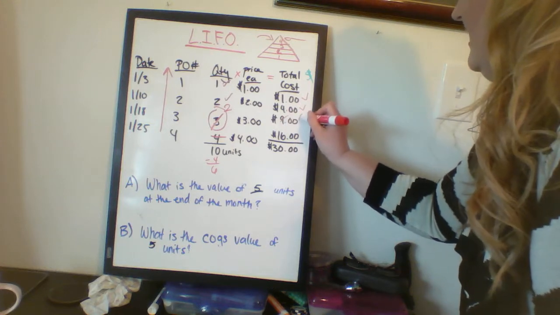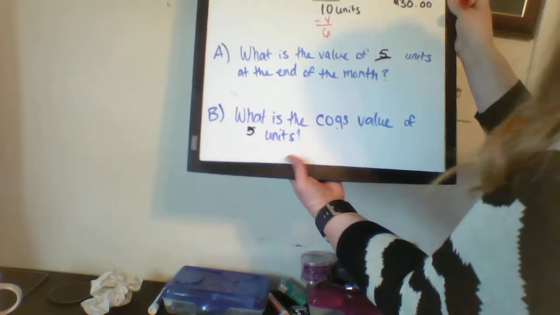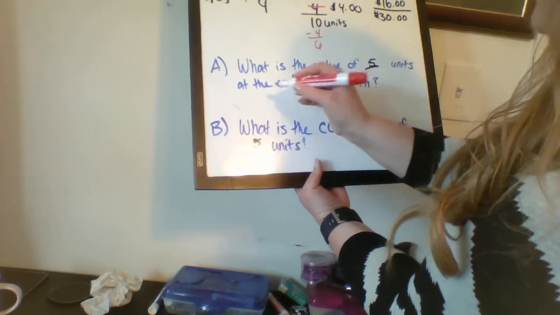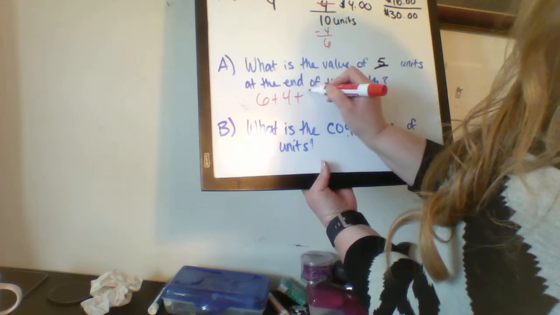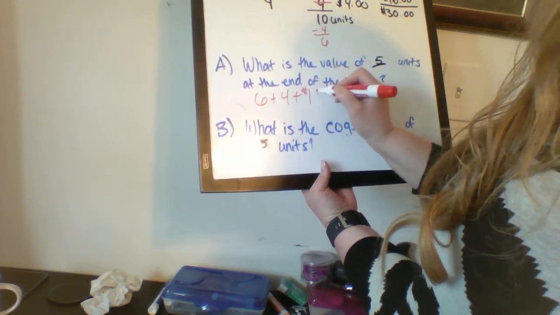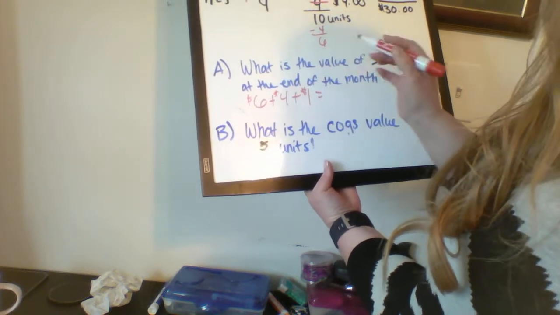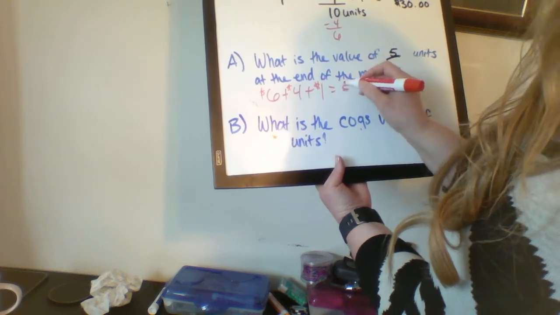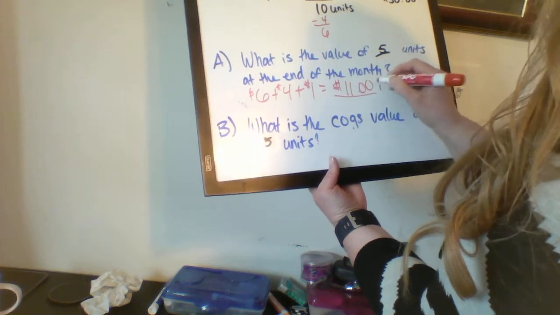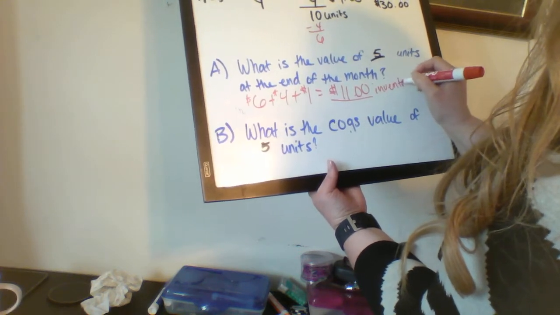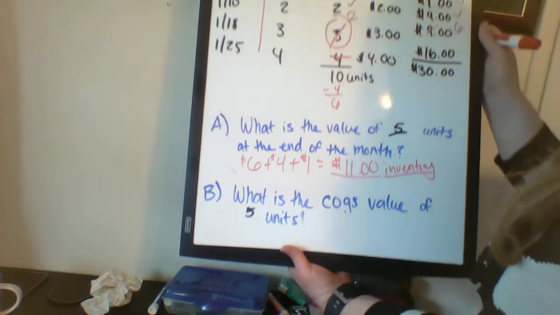So the math is going to look like this: $6, plus 4, plus 1 is going to be a grand total value of $11. So $11 is the worth of the inventory. And that's what we hope to see, $11 for the inventory.